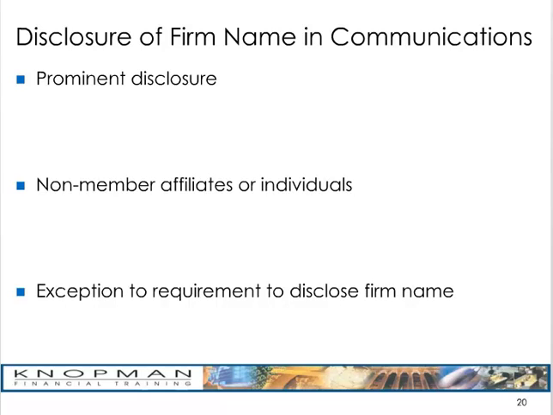It's possible that that communication will also list the names of an affiliate of the firm, or it might even name specific individuals. If the communication includes the names of an affiliate or an individual, the communication must also disclose which services are offered by the firm and which services are offered by those affiliates or individuals that are named in the communication.